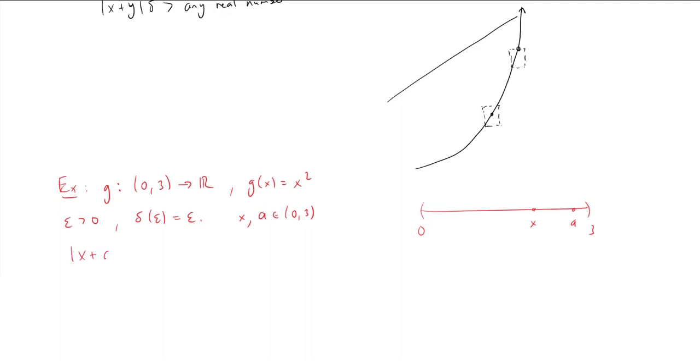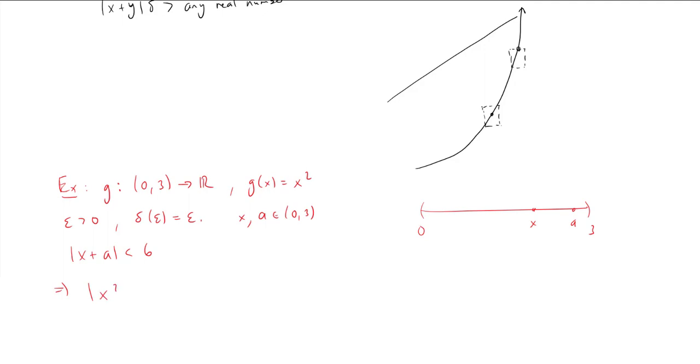So that tells me that x plus a, and the absolute values don't really mean anything here because everything is going to be positive, but x plus a can get all the way up to almost 6, right? You can get x and a up to almost 3, so x plus a can get up to almost 6.